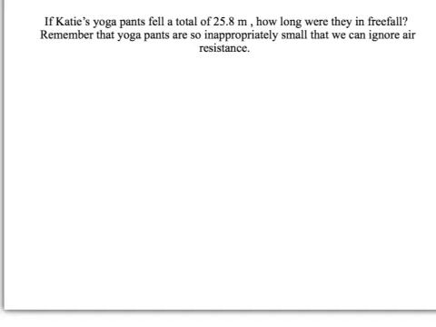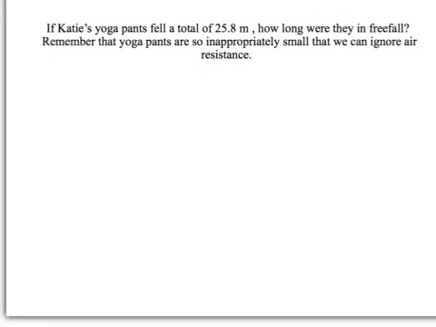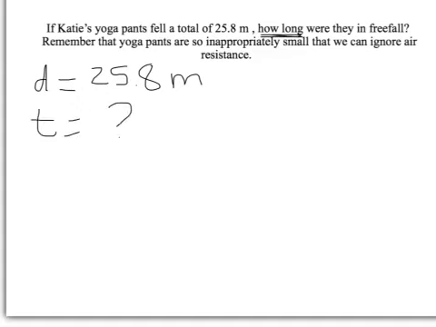Problem. We're going to say that Katie's yoga pants fell a total of 25.8 meters. Since meter is a unit of distance, I'm going to say d equals 25.8 meters. How long? What variable would that be? That would be time. Were they in free fall? Remember that yoga pants are so inappropriately small that we can ignore air resistance.